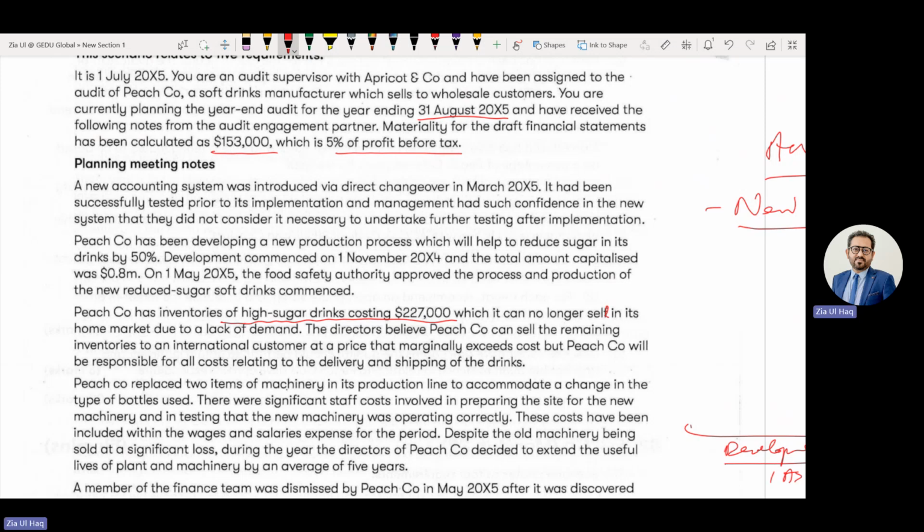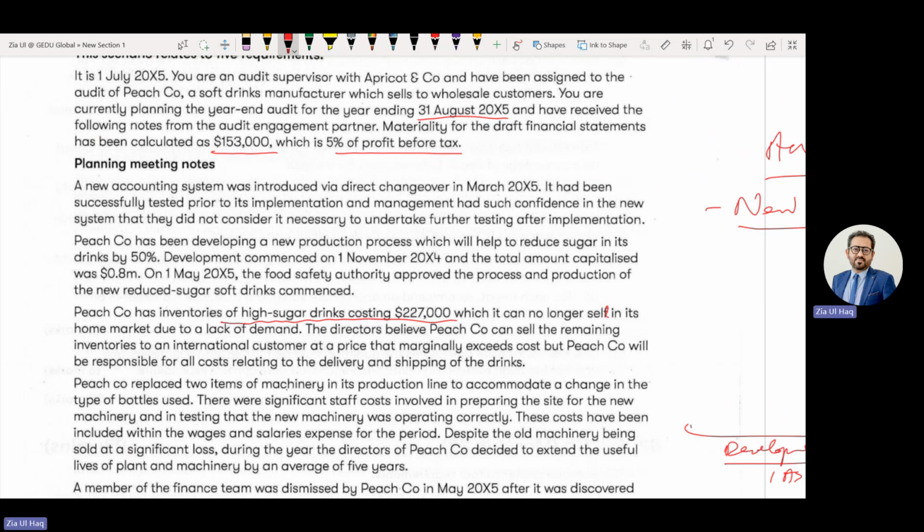Due to this, inventory could be overstated. The directors believe Peach company can sell the remaining inventory to an international customer at a price that marginally exceeds cost. But Peach company will be responsible for all costs related to delivery and shipping of that drink.